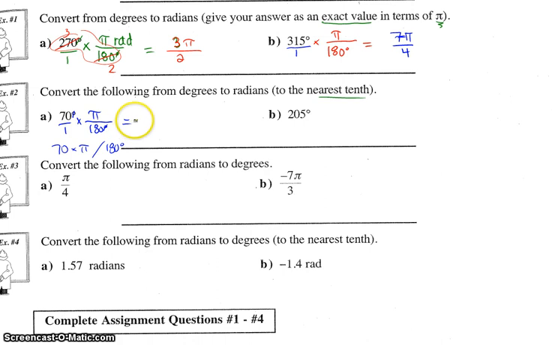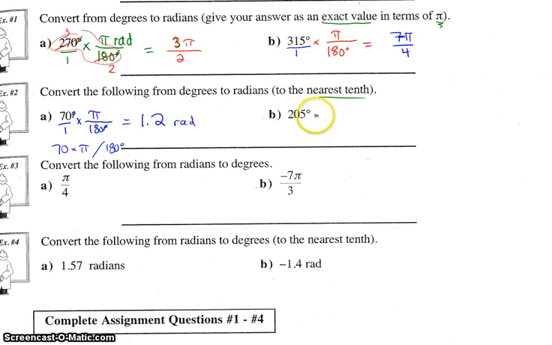Okay, so let's try that and see what we get. Okay, did everyone get 1.2? Now, as long as I don't write a degree symbol after that, it's assumed to be radians. If you want to reinforce the fact that it's radians, we could write rad, just abbreviate the radian.